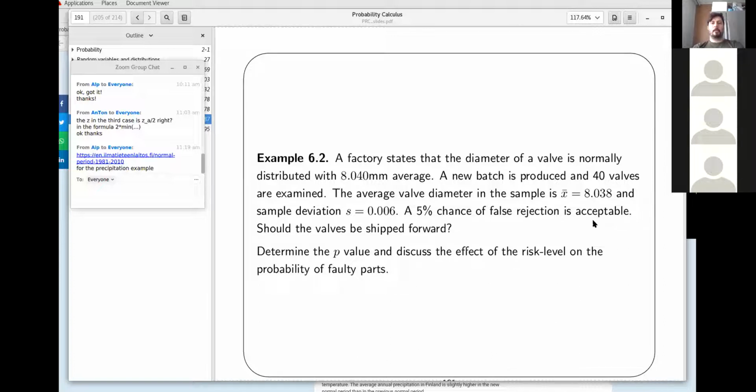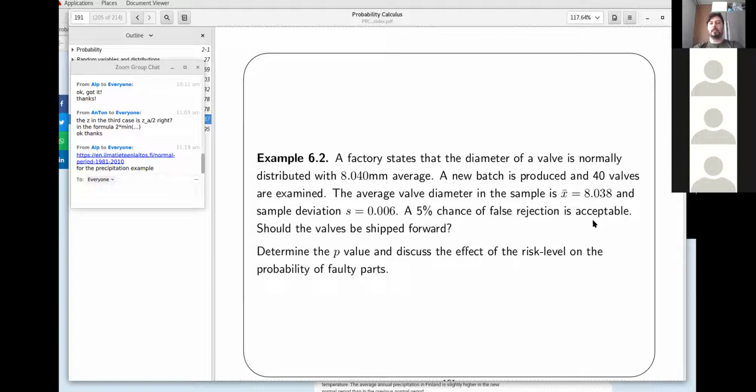So we're going to be rejecting these valves or accepting them, meaning we'll send them to the customers. And we accept a 5% chance of false rejection.